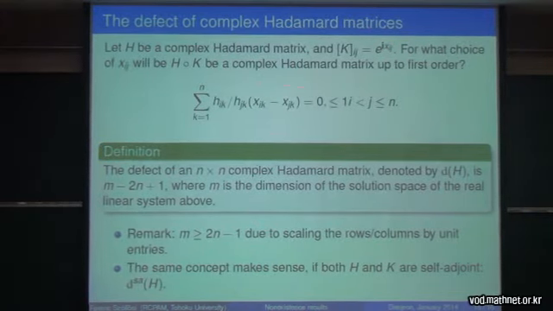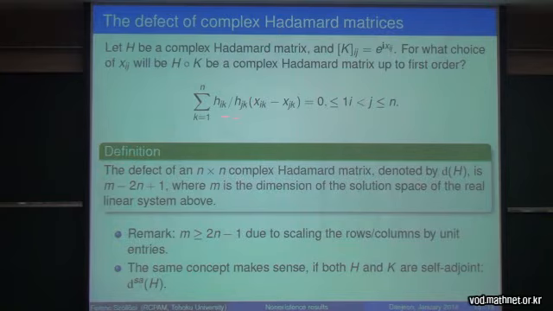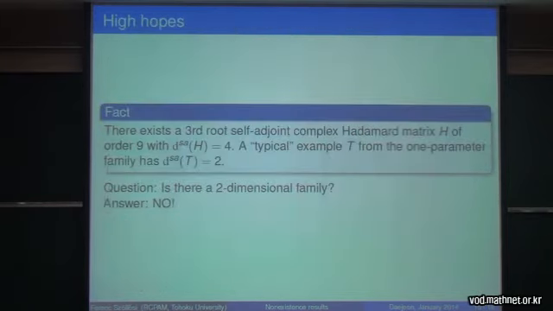Now, describing the orthogonality up to this error is a system of linear equations. You can ask, what's the solution space of this system of linear equations? The dimension of the solution space will give you an upper bound on the number of free parameters you can introduce into the matrix. Now the same concept can be applied to self-adjoint Hadamard matrices. The point is that if you just pick a typical example from that 1-parameter family, its defect will be 2.